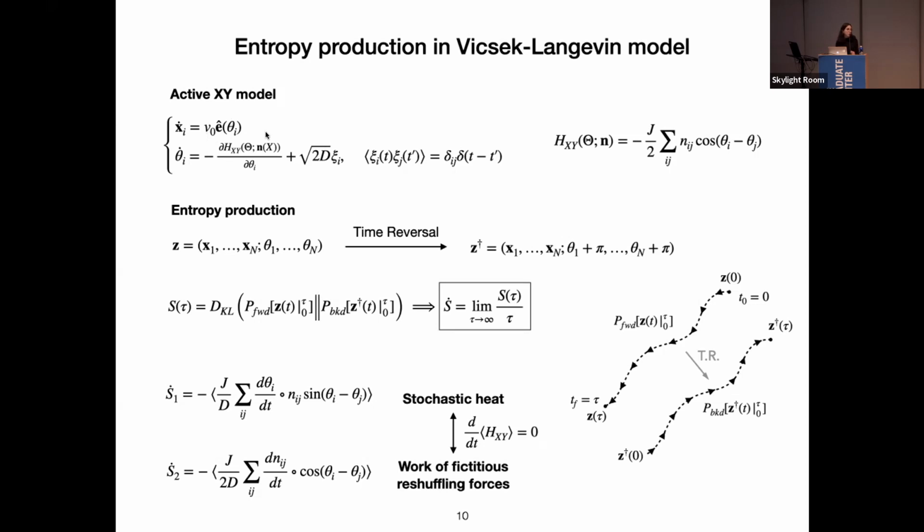Otherwise it would be completely irreversible, and the entropy production rate would diverge. But if they add some translational noise that we don't have, since we just have rotational noise, then they can apply the same formalism, and this is how they typically compute entropy production rate in MIPS.